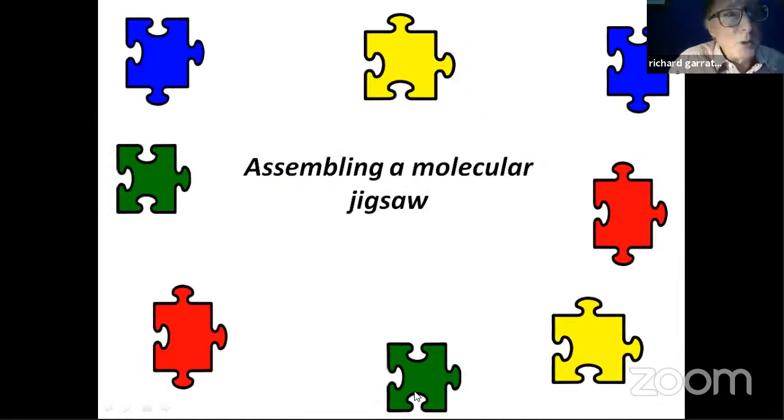Okay, so a lot of what we've been trying to do over the last 10, 15 years is to what I call assemble a molecular jigsaw. In other words, to try and work out how it is that spontaneously, intracellularly, each septin knows its rightful position along the filament.